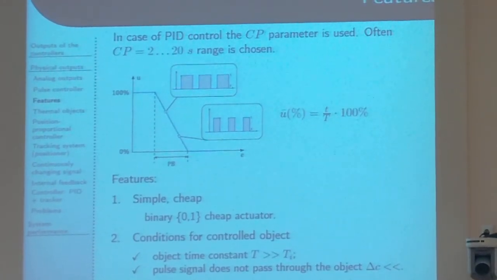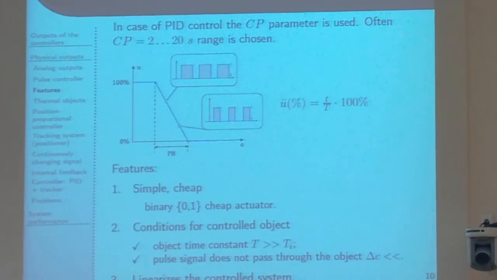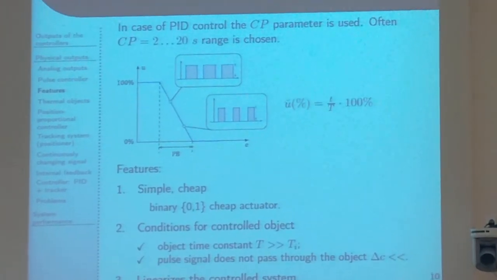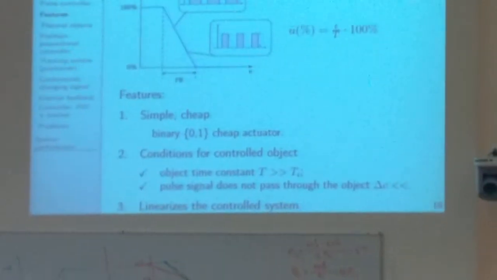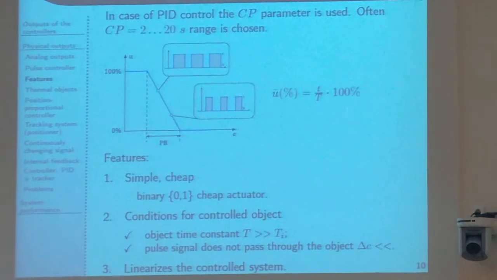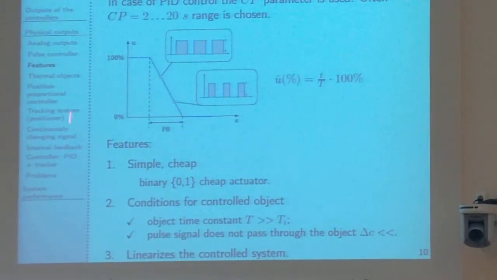But for example, if you are dealing with real buildings, and you know that thermal processes are very inertial, first of all you should take a look at how changes in the input, for example the power which is given in order to obtain high temperature in the room, and then the actual temperature of the room will change. So in that case, the CP parameter can be maybe 24 hours.